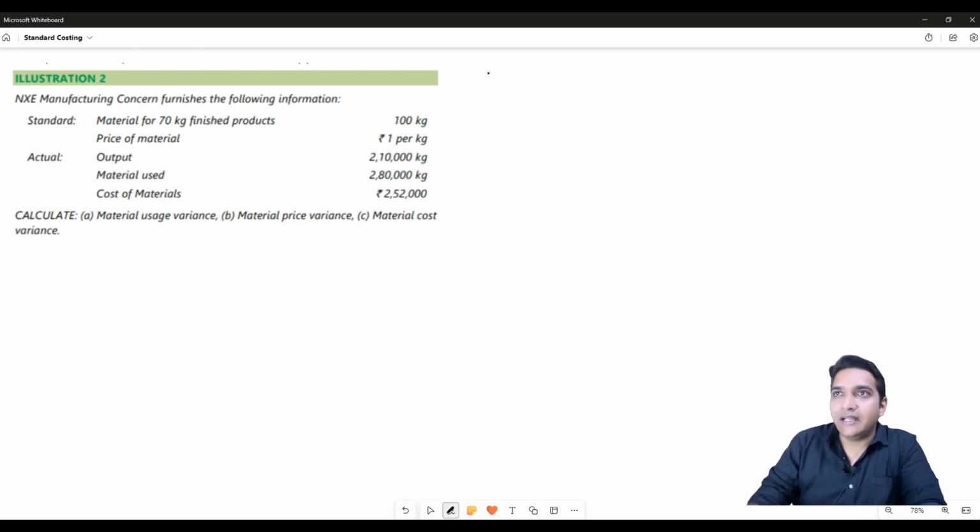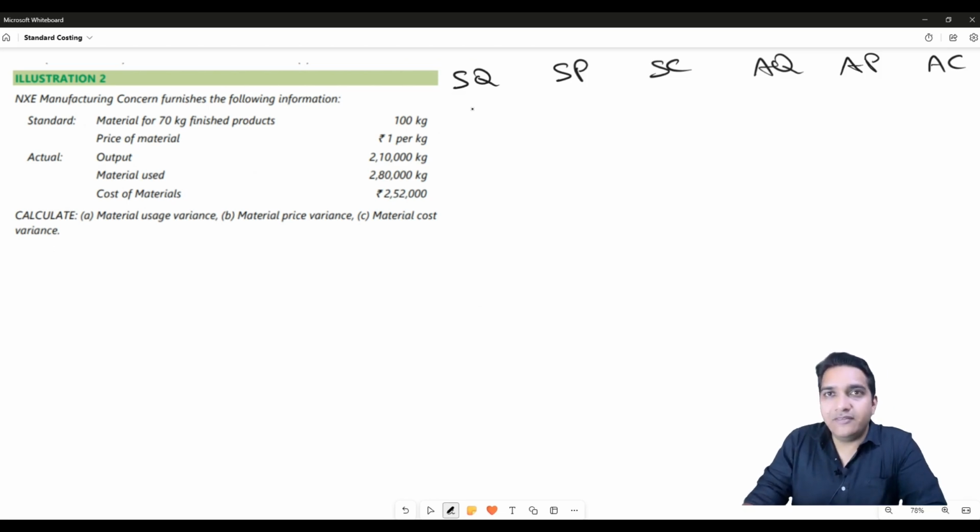Since we are calculating material variances, the table is going to be standard quantity, then standard price, then standard cost, and then actual quantity, actual price, and actual cost. So do we have the standard quantity? No. Why don't we have it?